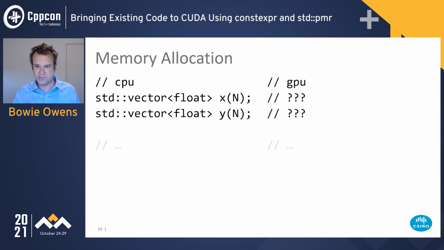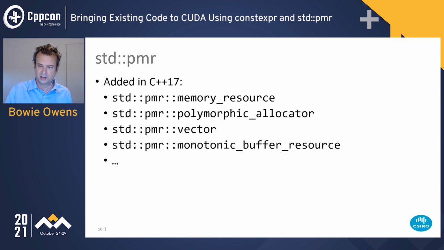So the question then becomes, how do you replace the calls to new and delete in this code? The mechanism that we have for controlling the allocation of memory for containers in C++17 onwards is to use standard PMR, which was added in C++17.